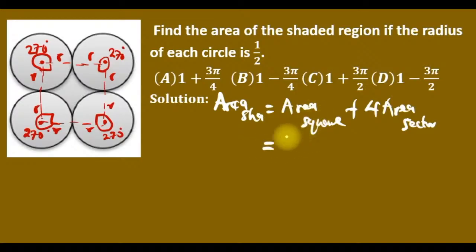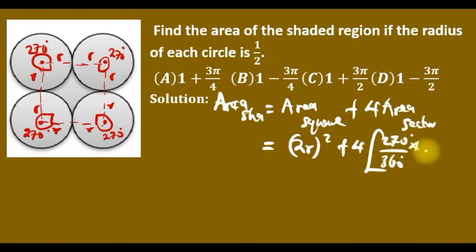So we have area of a square is length squared, so we have 2r all squared plus 4 times area of one of the major sectors, which is 270 over 360 times pi r squared.